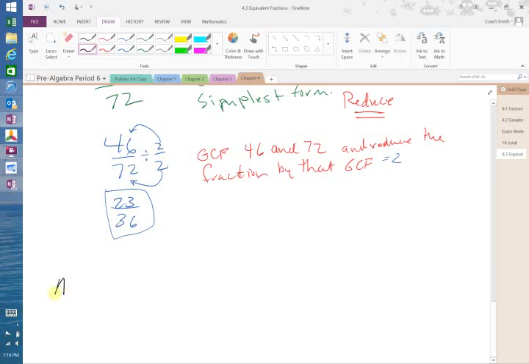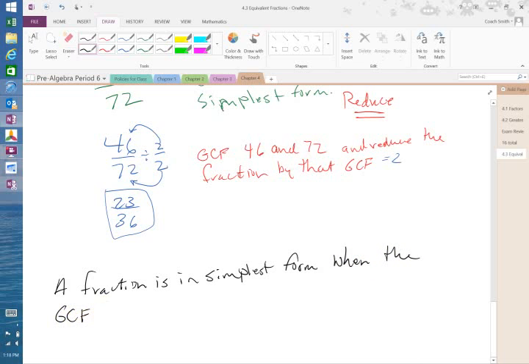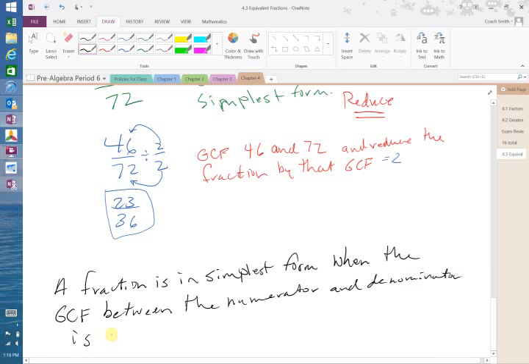A fraction is in simplest form when the GCF between the numerator and denominator is 1.